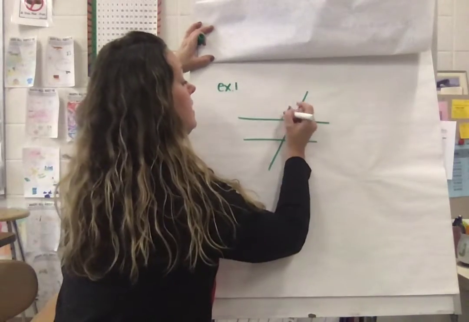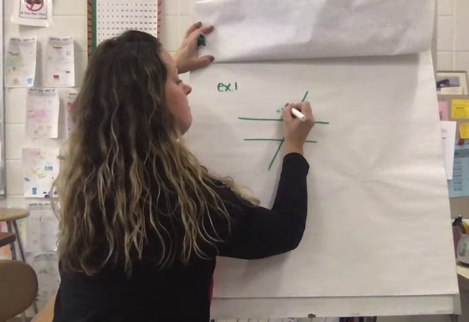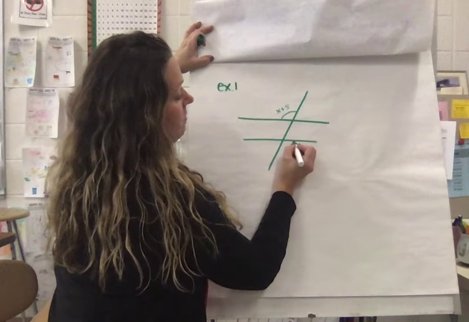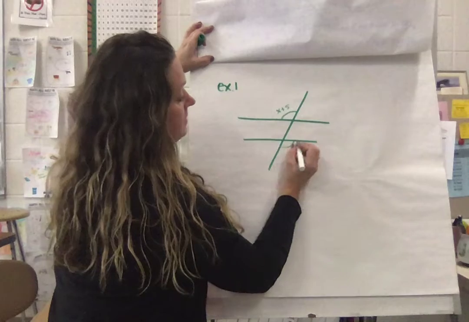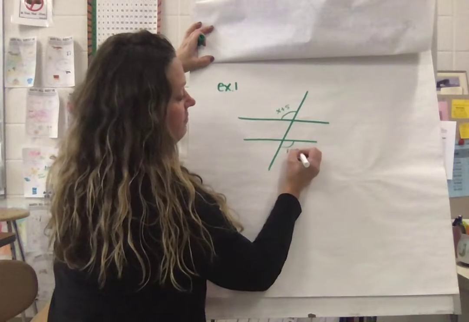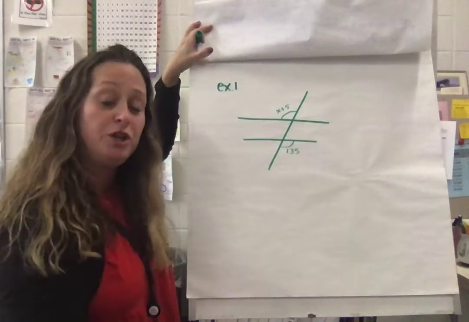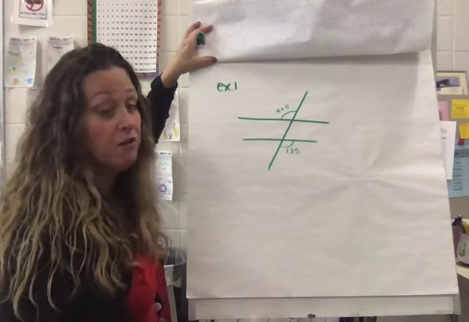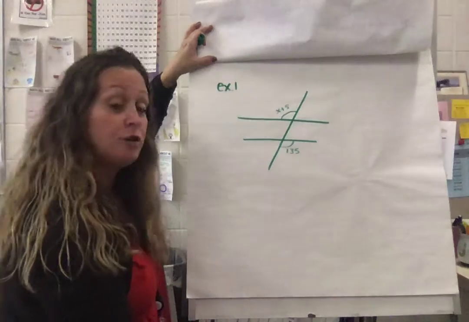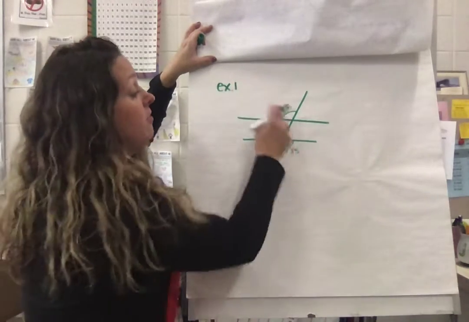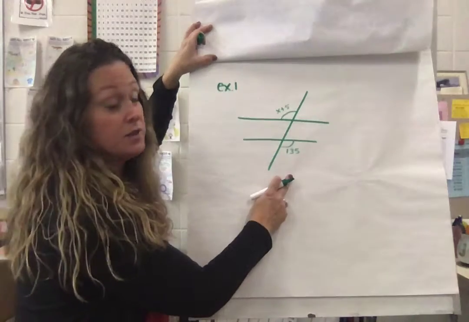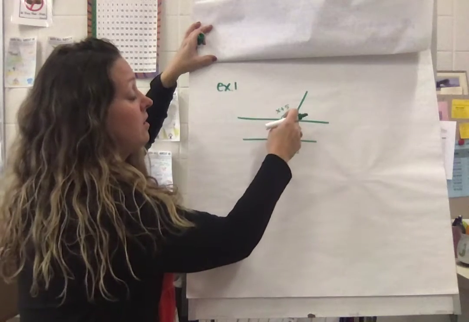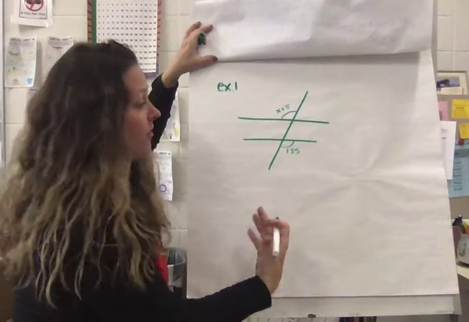If I were to say x plus 5, and let's say this is 135. If I were to use vocabulary to describe those angles, if I want to solve for x, I would say that they're alternating exterior angles. They're on opposite sides of the transversal, and they are on the exterior.